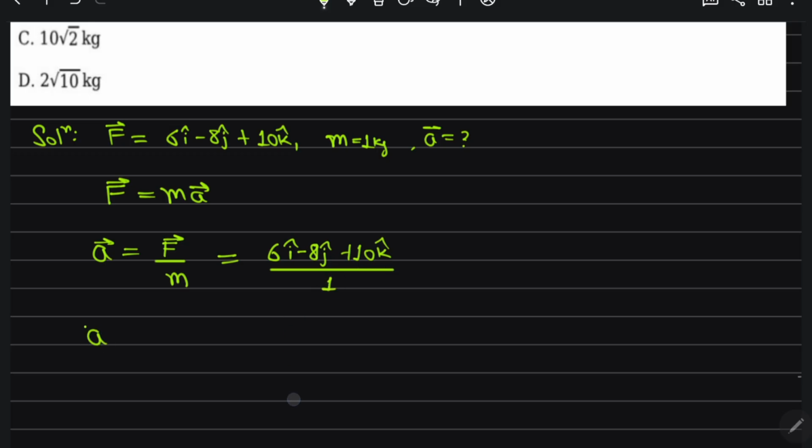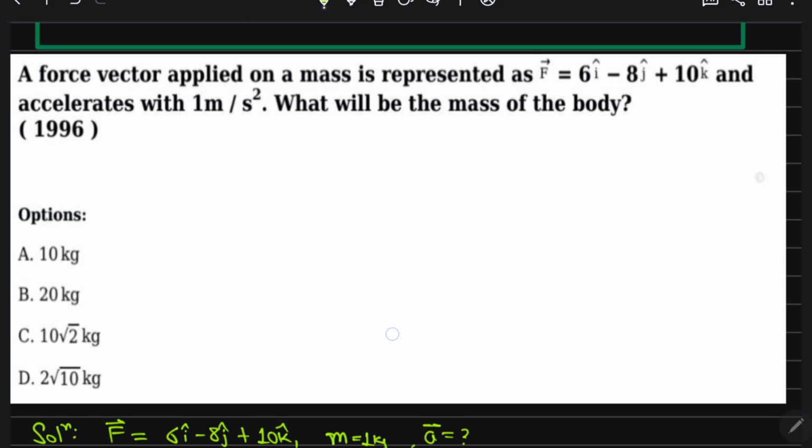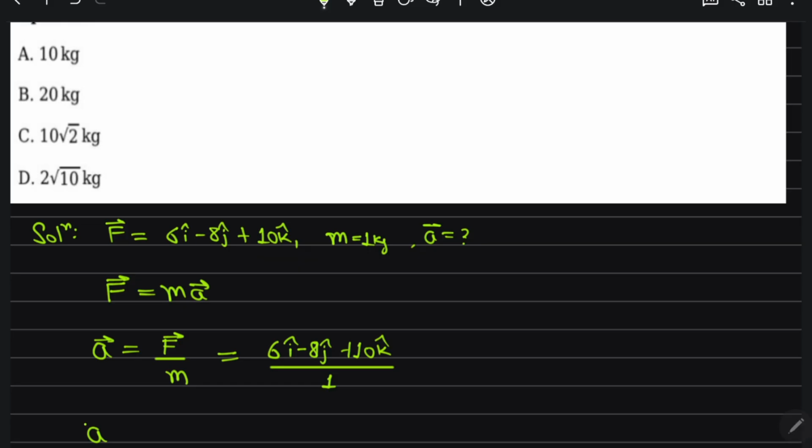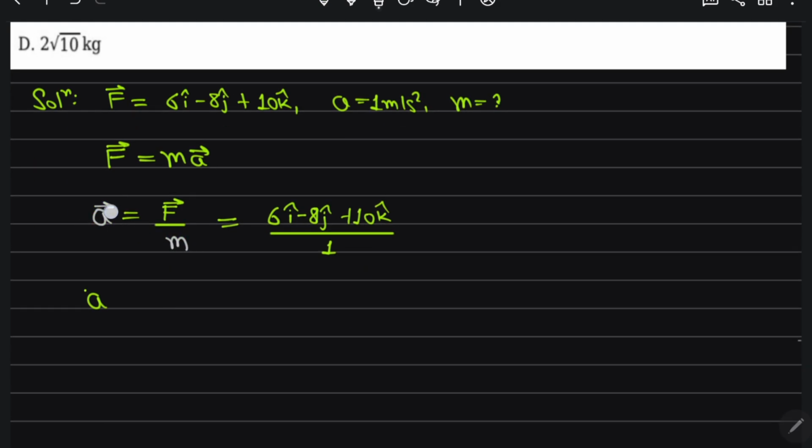One minute, we have to find mass, sorry. Here they have given acceleration 1 meter per second square, and they are asking mass. So mass I can write as force divided by acceleration. So acceleration is 1. So for this mass, I find the magnitude of it: under root 6 square plus minus 8 square plus 10 square.